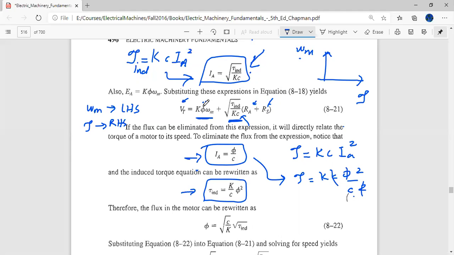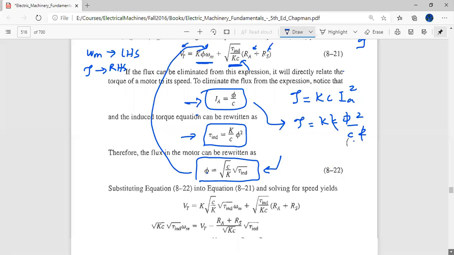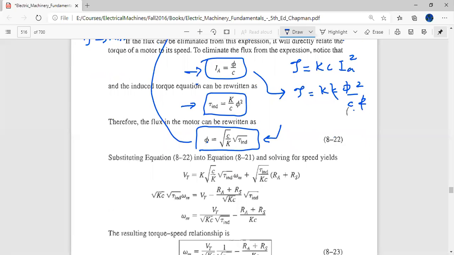So what I'm going to do is replace this phi in terms of torque induced. If I make phi the subject in this equation, I get this, and I'm going to replace this phi over here, so that I'm only getting torque induced and omega m, but not phi, which is again a variable, and I want to get rid of this. So I make the required substitutions.